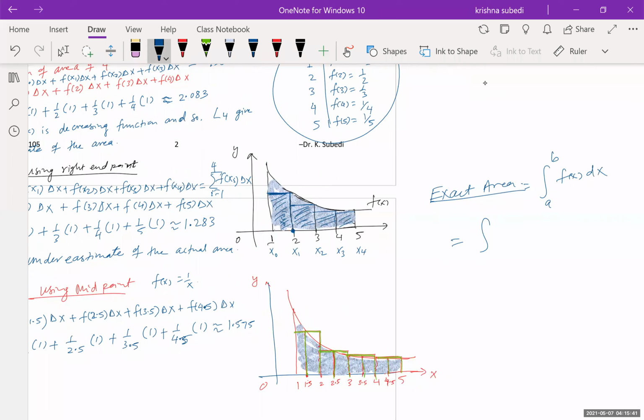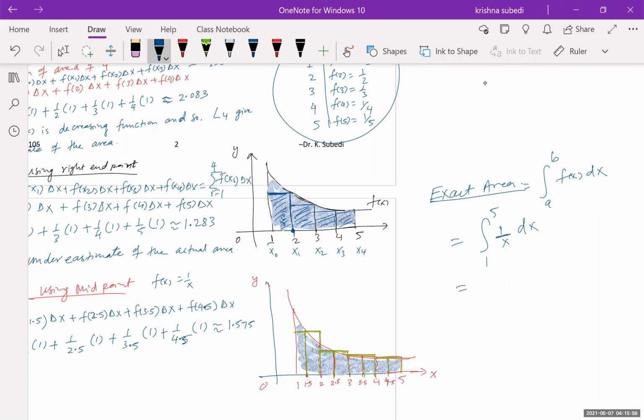So our a is 1, b is 5, the function is 1 over x dx, and we already know how to find the antiderivative of this. Again, we will discuss this in the next section in more detail.